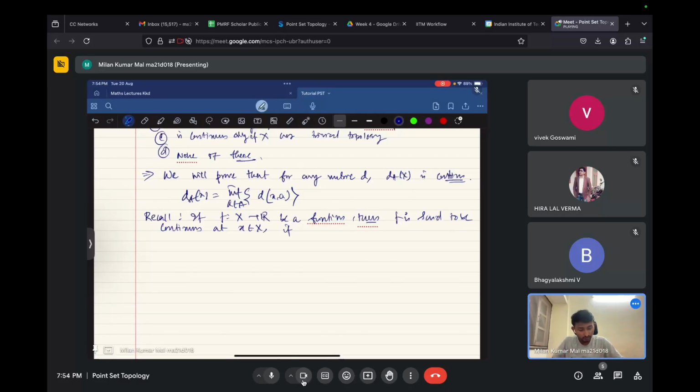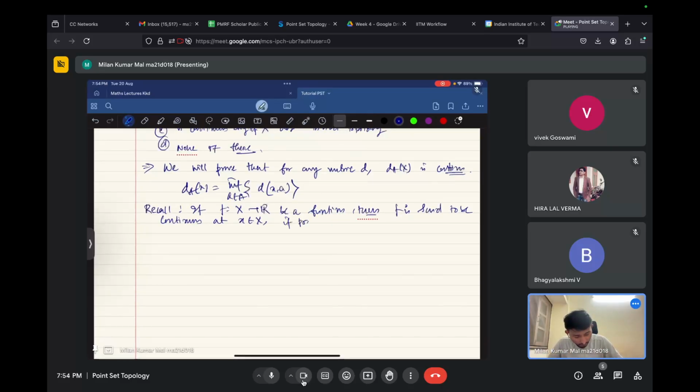That is the thing. If the pre-image of every open set is open under f, that means for any epsilon greater than 0, f inverse of this B epsilon of f of x is open.